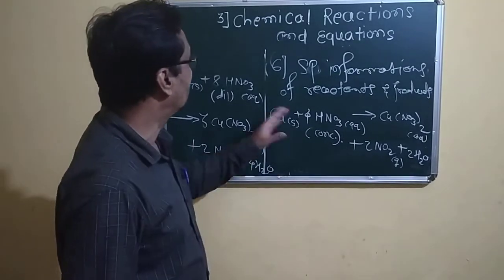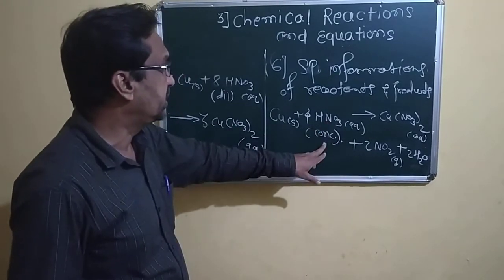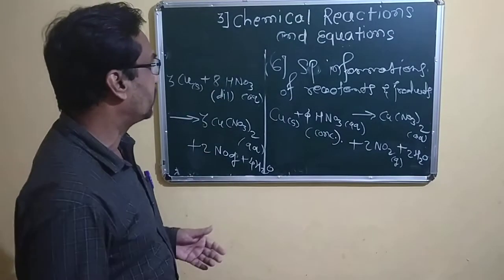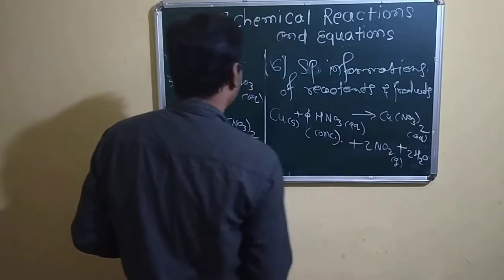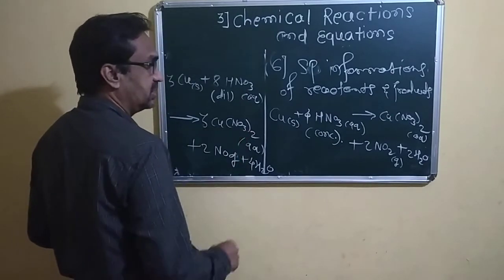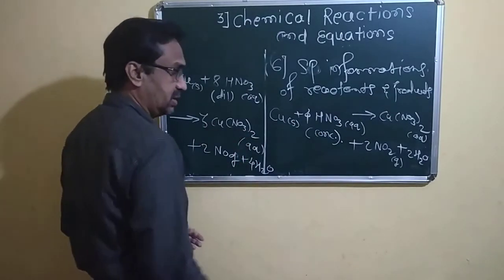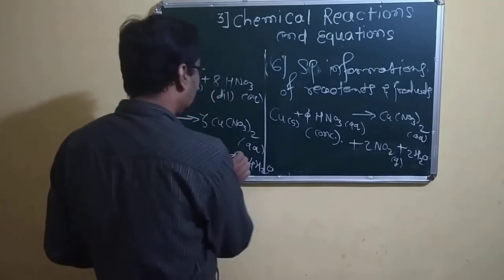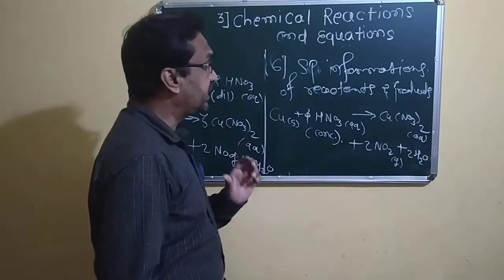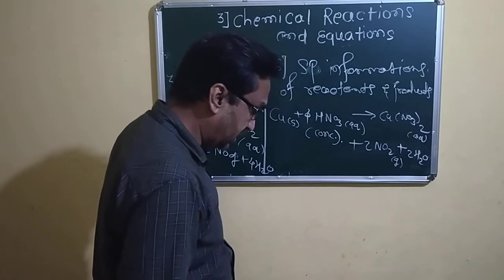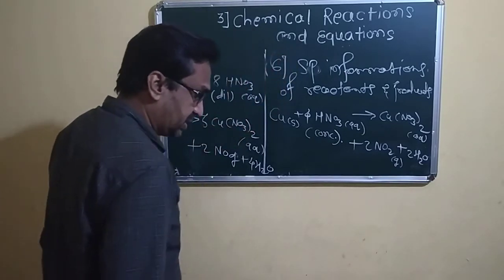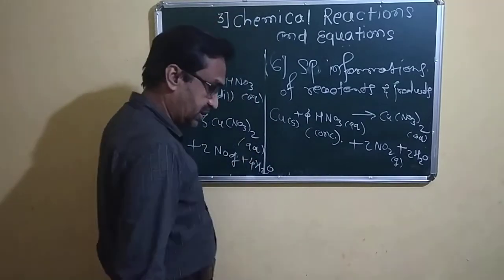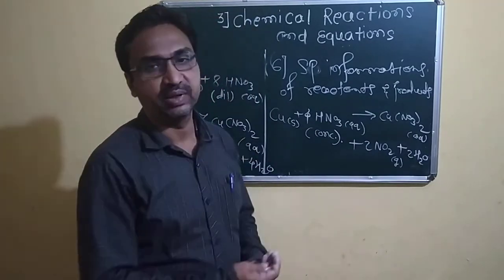So both reactions are here. Here is concentrated nitric acid, here is dilute nitric acid, and the product we obtained is copper nitrate in both cases, three molecules of copper nitrate here. Here nitrogen dioxide, which is a poisonous gas, is obtained. Here we obtain nitric oxide. So the product is totally different.